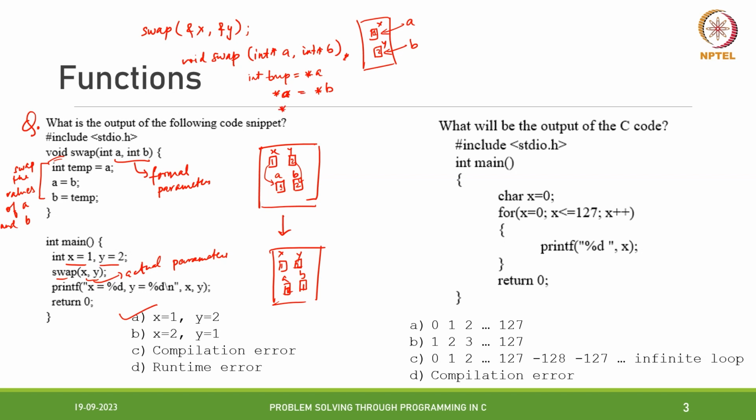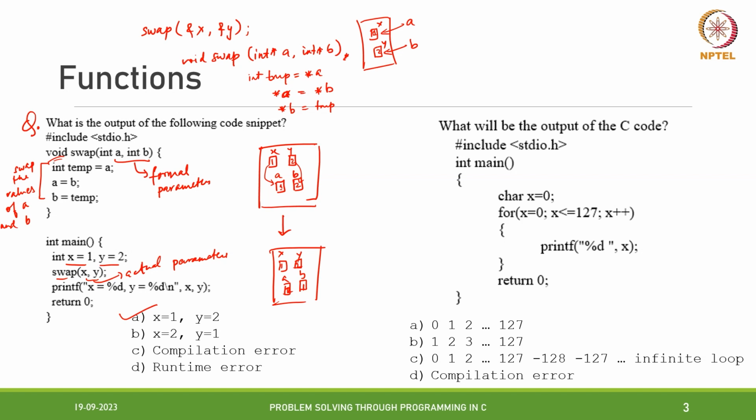Now the next step, *b equals tmp. If I do this, then what happens? So you're saying that a is pointing to x, okay, and x has a value of 1. So now I'm saving this value 1 in this variable tmp.